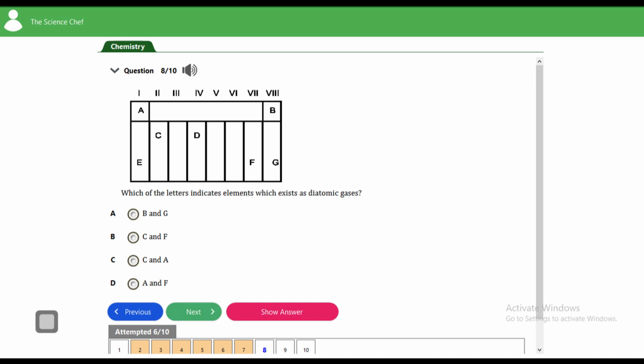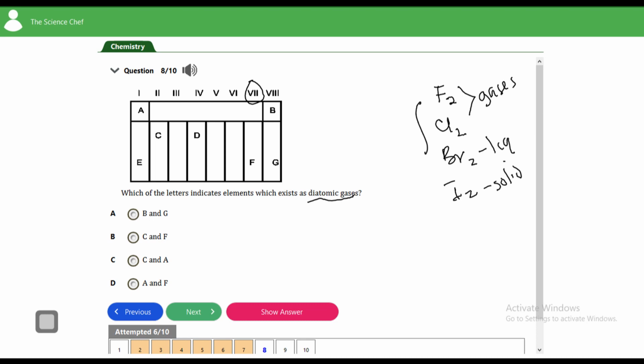Question 8. Which of the letters indicates elements which exist as diatomic gases? On the periodic table, the major elements that exist as diatomic molecules are the halogens. That's group 7. But not all of them are gases. In group 7, we have fluorine, chlorine, bromine, and what? Iodine. These two are gases, while this one is a liquid. This is a what? Solid. But all of them are what? Diatomic in nature.